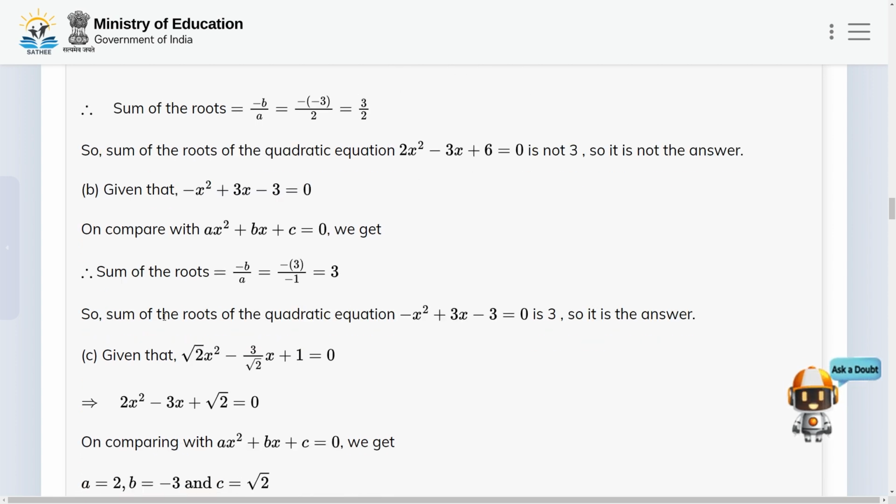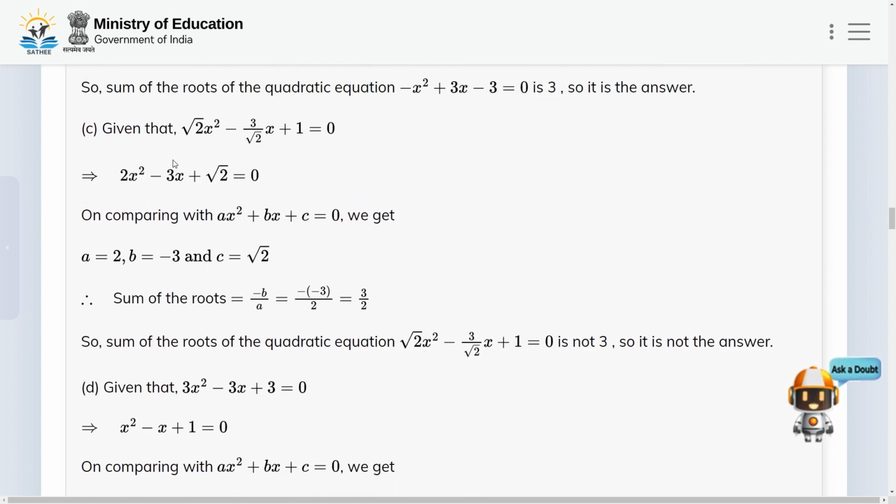Okay, so now you can check option number C. Here we have given √2x² − (3/√2)x + 1 = 0. Now you can simplify this, and it implies 2x² − 3x + √2 = 0.